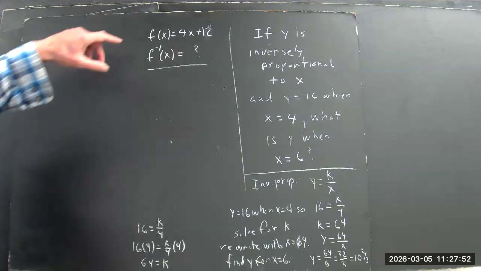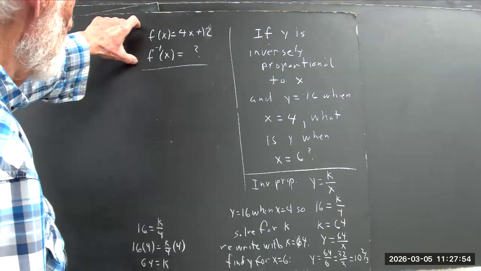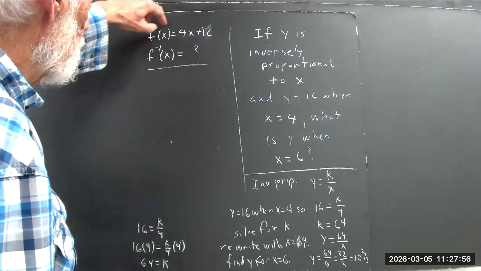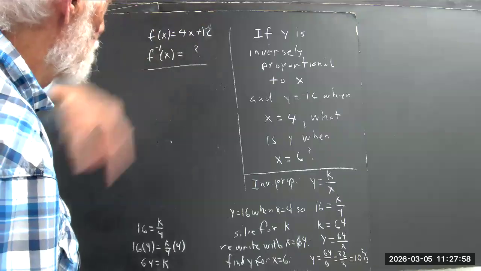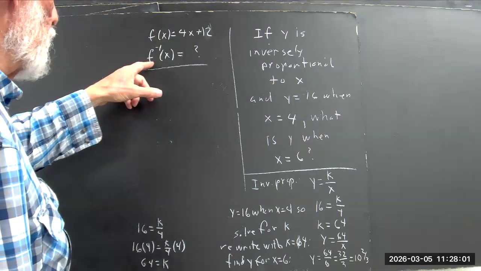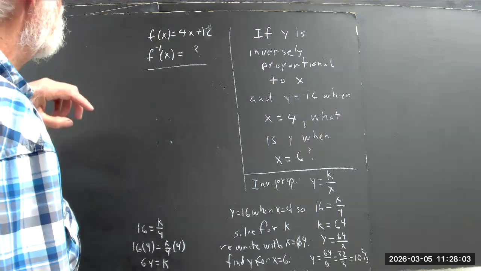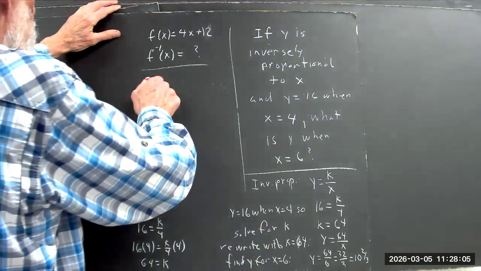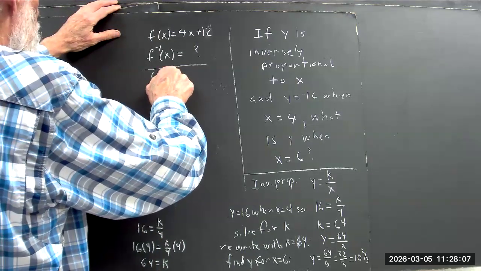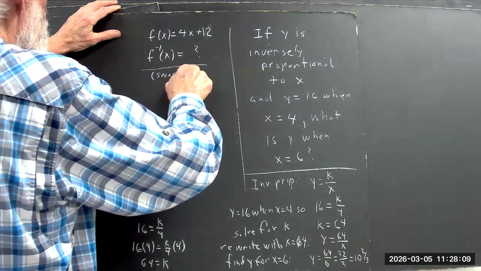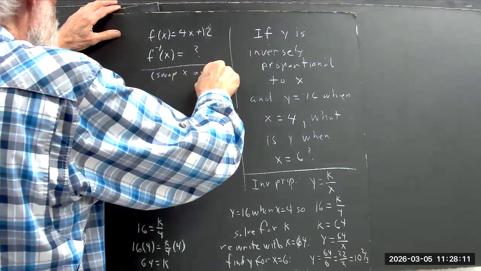Okay. Now, we have this function f of x equals 4x plus 12 and want to find the inverse function. So the first thing you think when you have an inverse function is swap x and y.